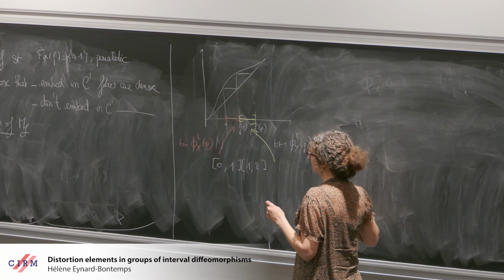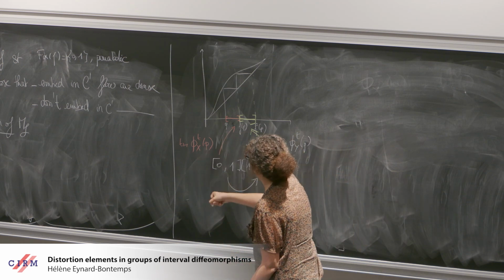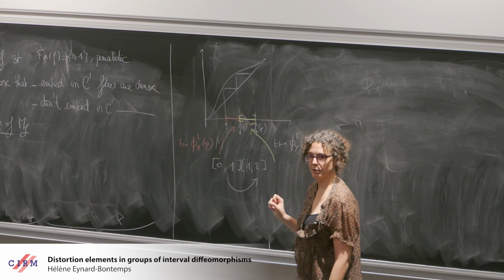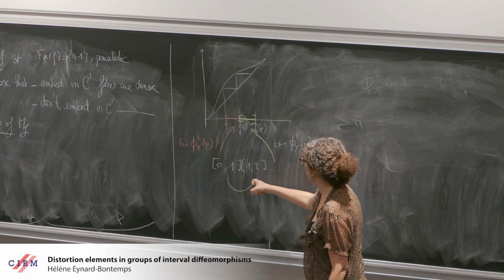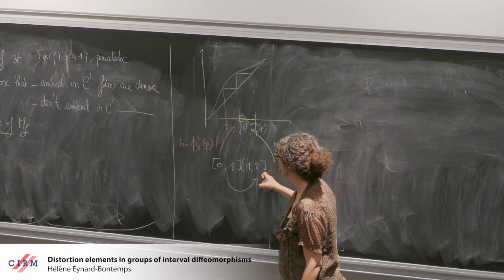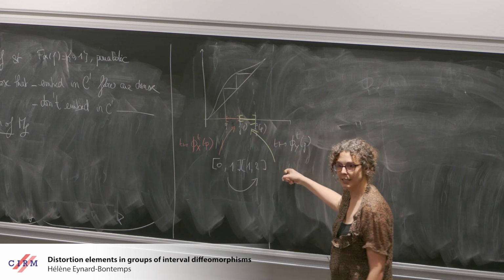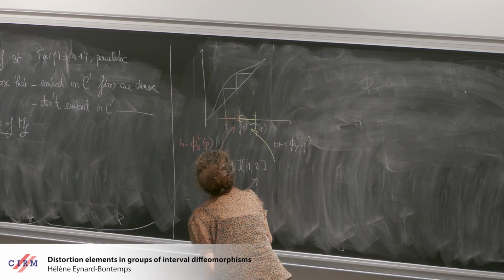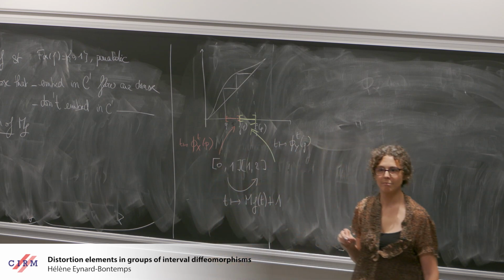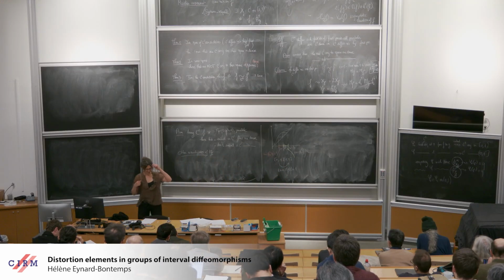What I claim is that this conjugates F to a translation, this conjugates F to a translation, and the map from 0, 1 to 1, 2, which consists in sending this to the interval, applying F, and going back, is this map. I claim it. You can check it. This is basically what the matter invariant measures.